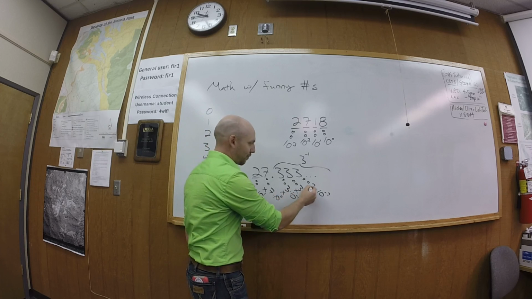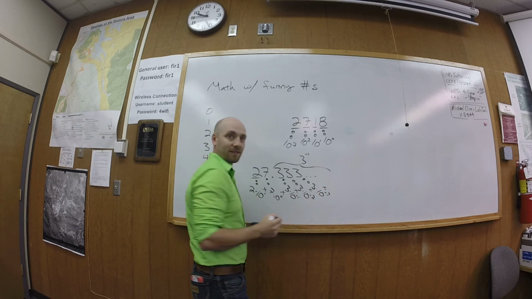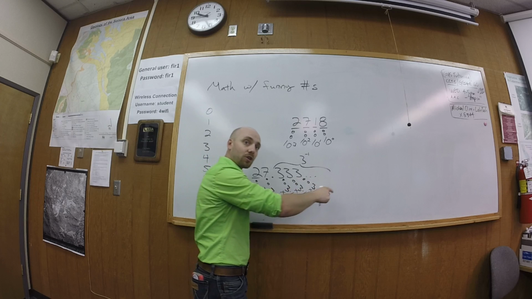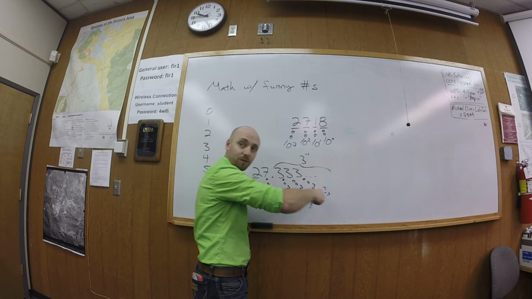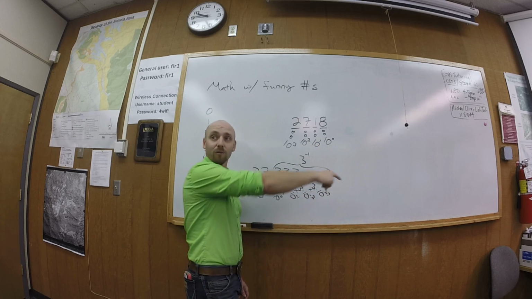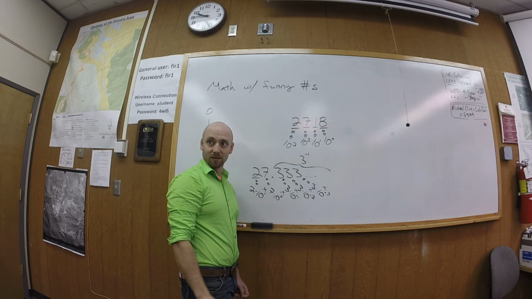You're really adding these up, right? And so you've got 3 times 10 to the negative third, and then there's also 3 times 10 to the negative fourth, and 3 times 10 to the negative fifth, and 3 times 10 to the negative sixth, and all the way down, right?